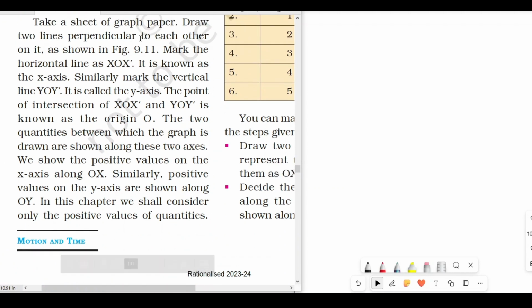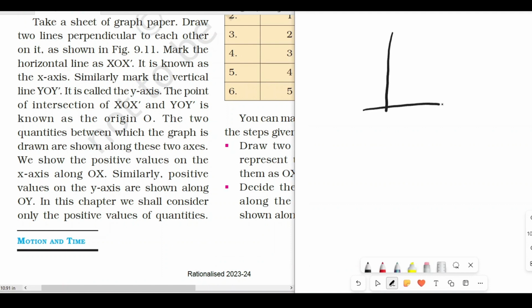So when you've drawn two perpendicular lines, perpendicular lines are lines which are at 90 degrees to each other. Okay, mark the horizontal line as X O and X dash. You would have seen how the horizontal line was marked on the graph. This is called the horizontal line and this is called the vertical line.